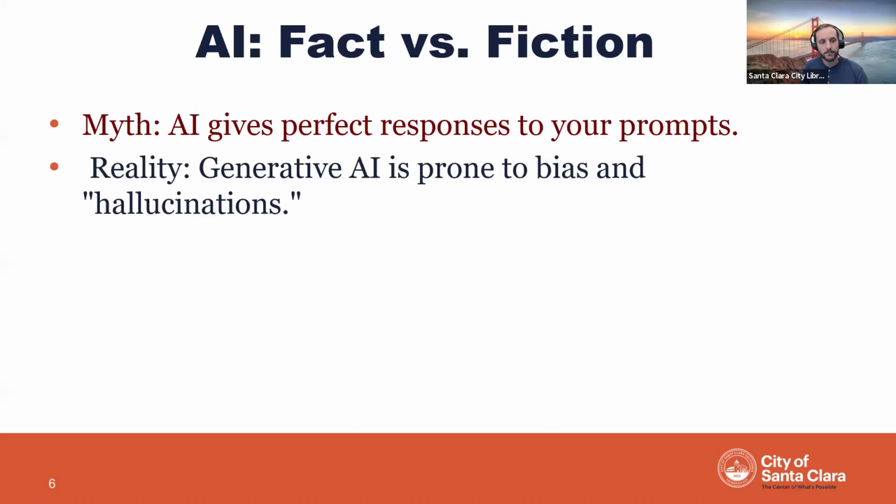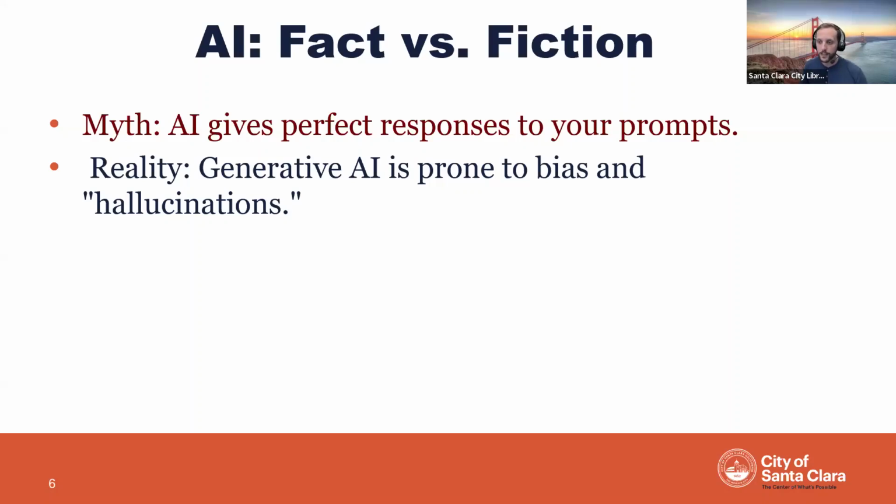So the reality of the situation is that while generative AI is very helpful, and a lot of the time it's spot on with its answers, it's also prone to, number one, bias, and number two, hallucinations. So bias comes about because AI uses data harvested from us, from people. So it's subject to the same biases that people have.